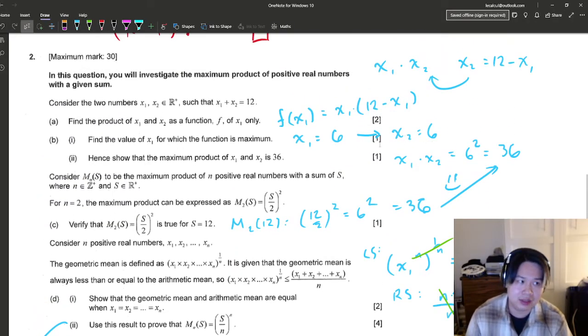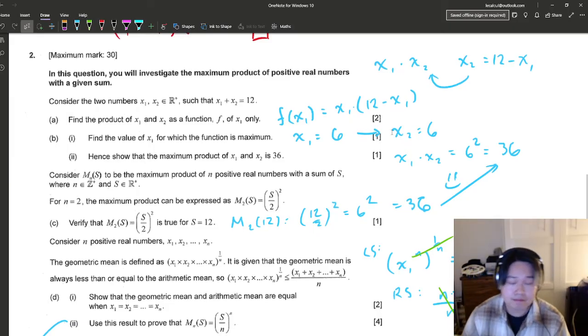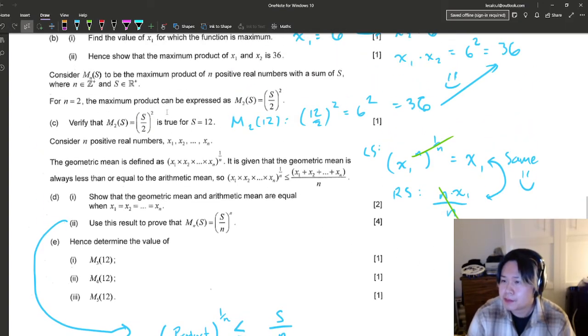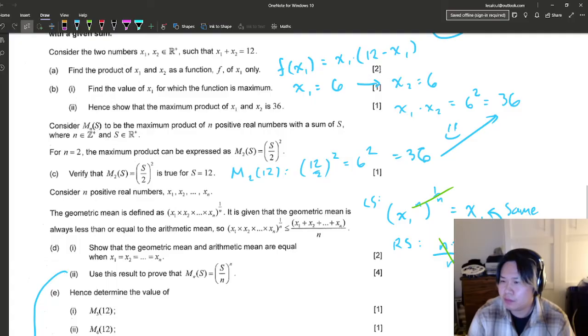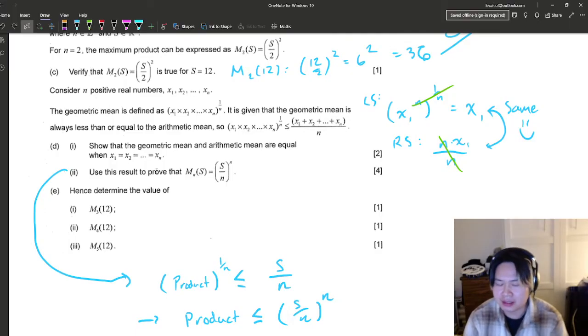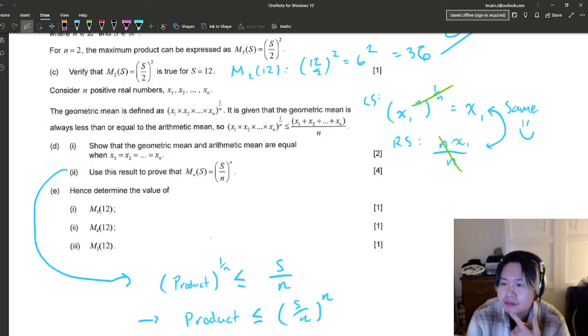Both the numbers need to be 6 because you're making a square. I just don't know how you can argue right now that your product will be maximized when all of your numbers are the same.